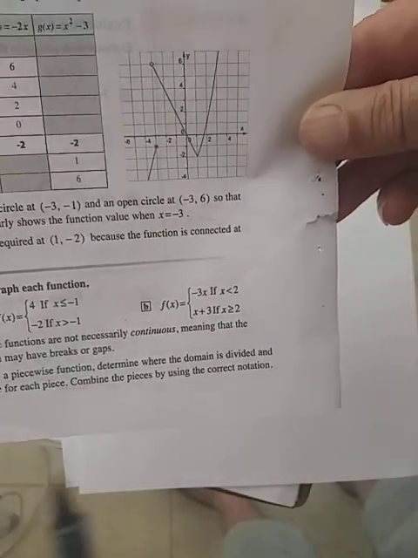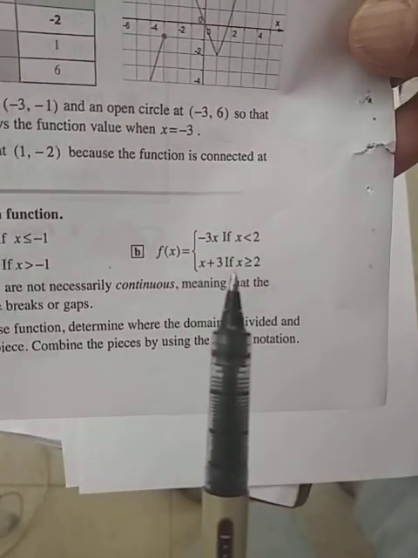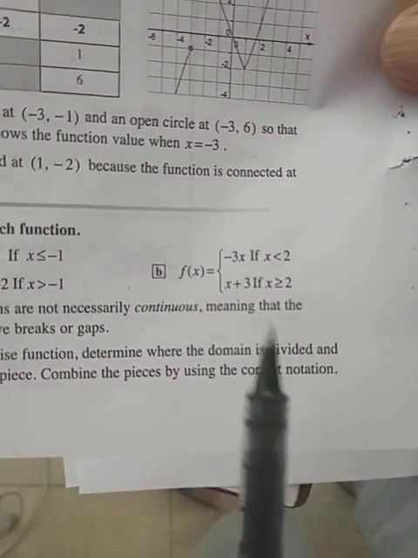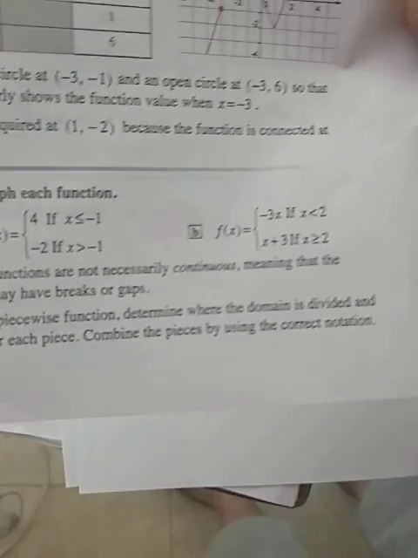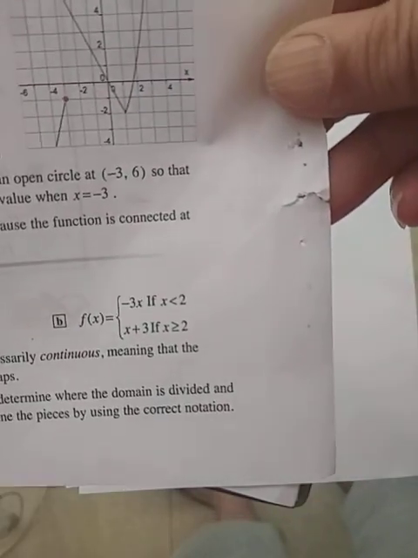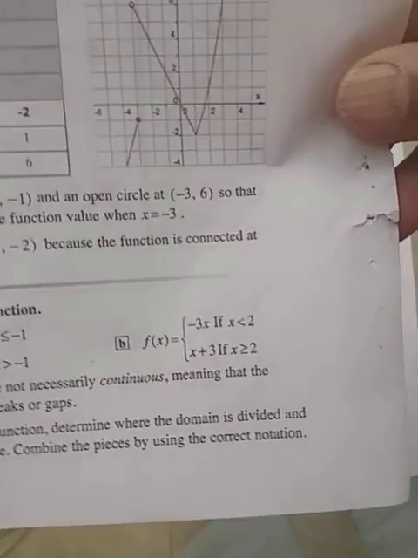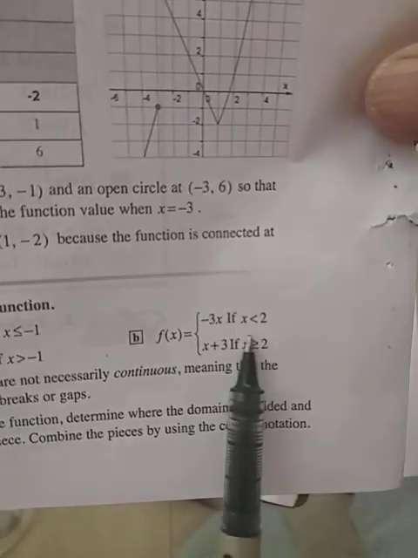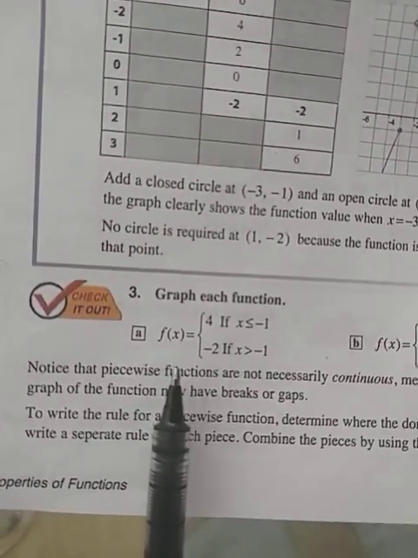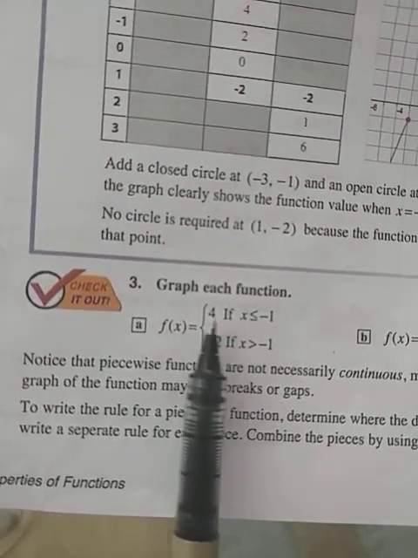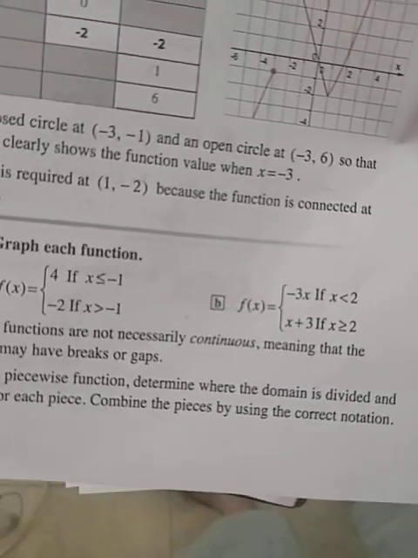We don't have x square. Both are straight lines. This is a straight line, this is a straight line. And this one is a horizontal line, and this is a horizontal line. Try this too, please.